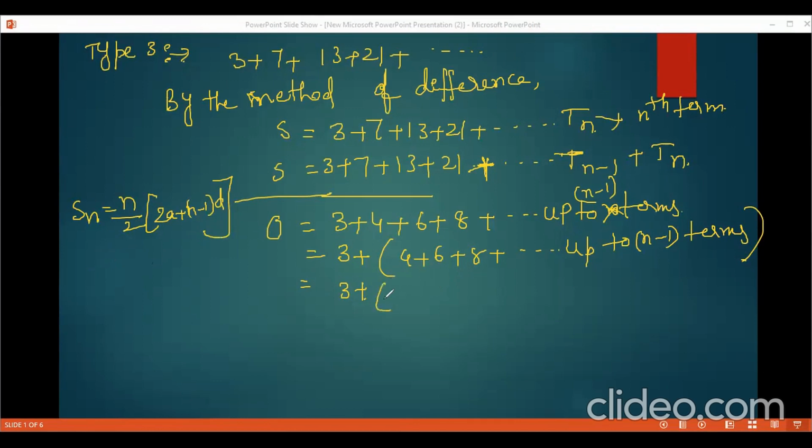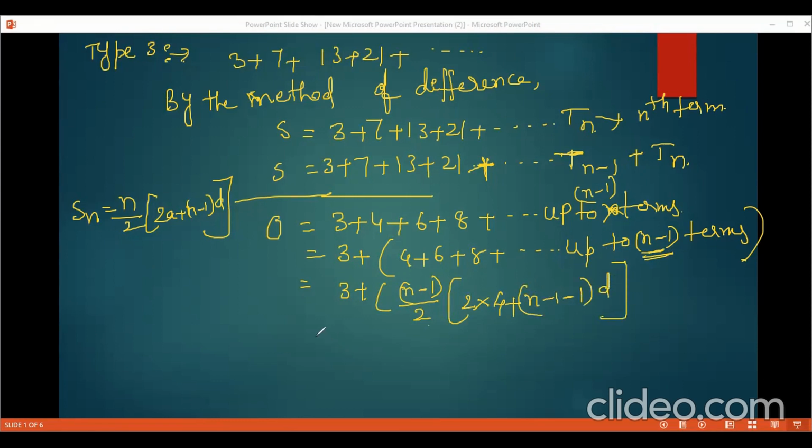A is 4 here. N how much? Here up to n terms we are taking n minus 1 terms. So instead of n, I am keeping n minus 1. N minus 1 by 2 into 2 into a, a is 4 here, the first term, plus n minus 1 into d.